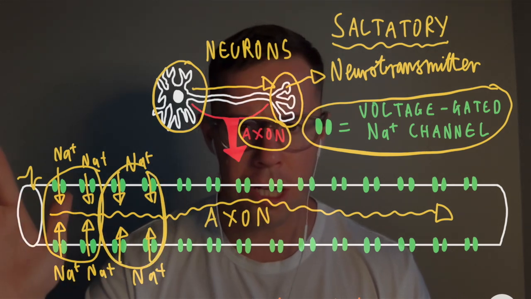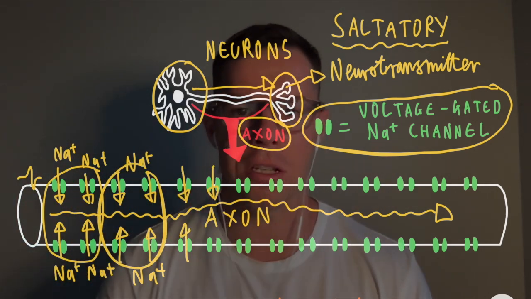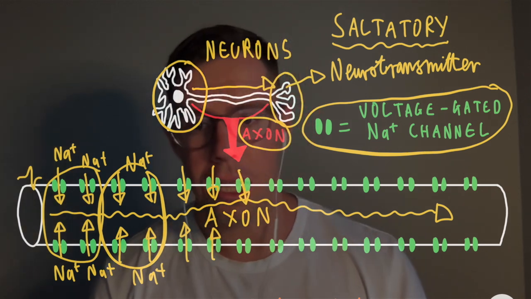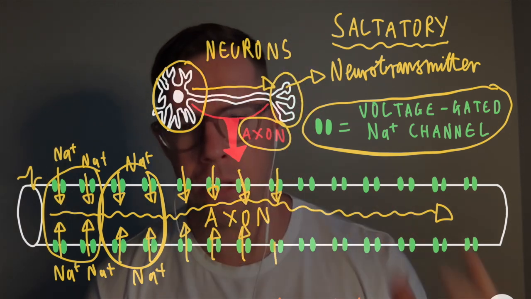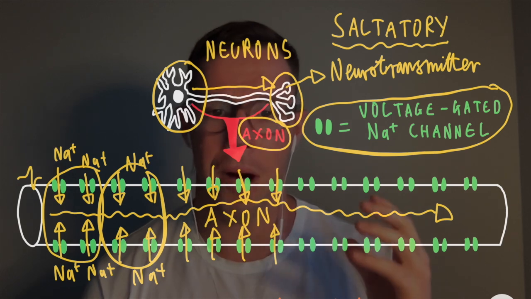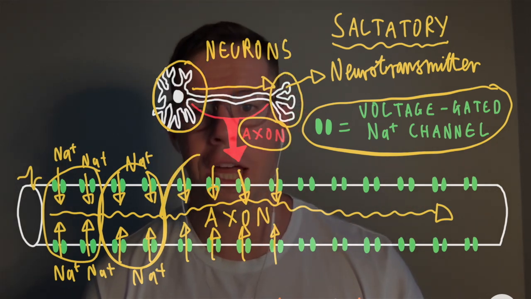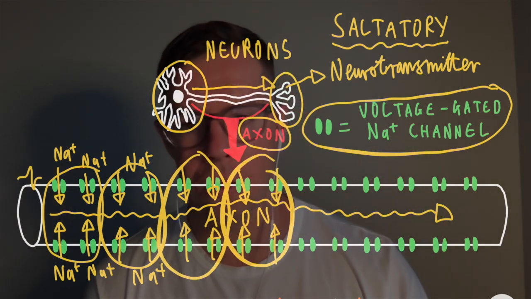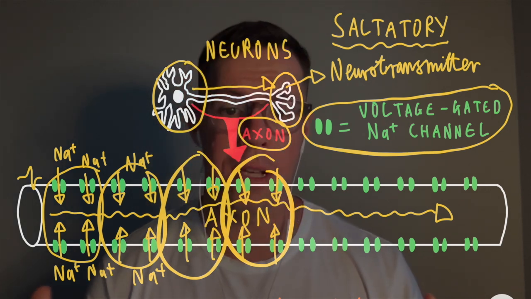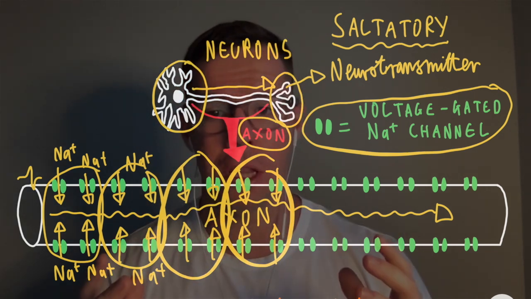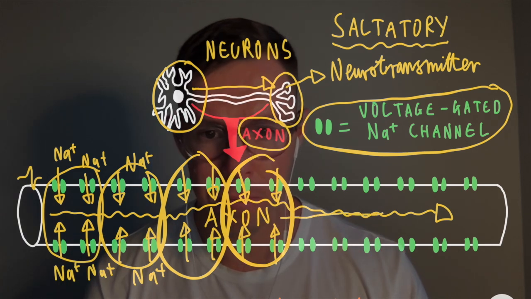This process will continue all the way along the axon. Essentially, the opening of voltage-gated sodium channels at adjacent parts of the axon allows the action potential, or the wave of depolarization, to move along the length of the axon.